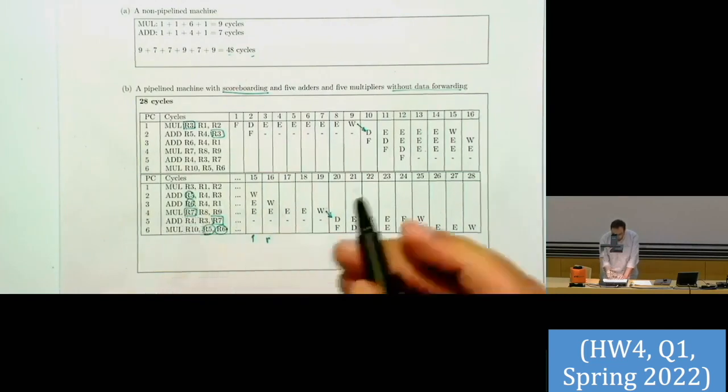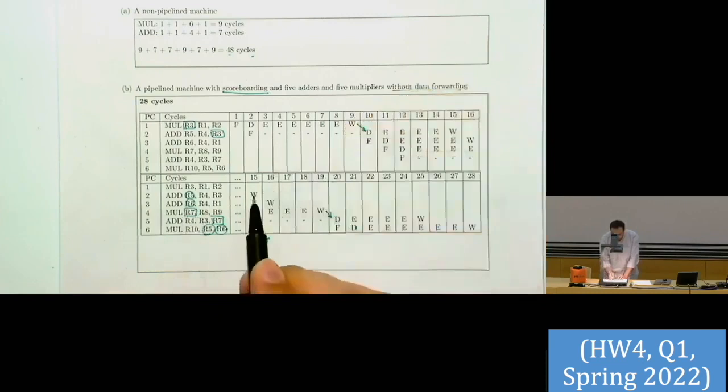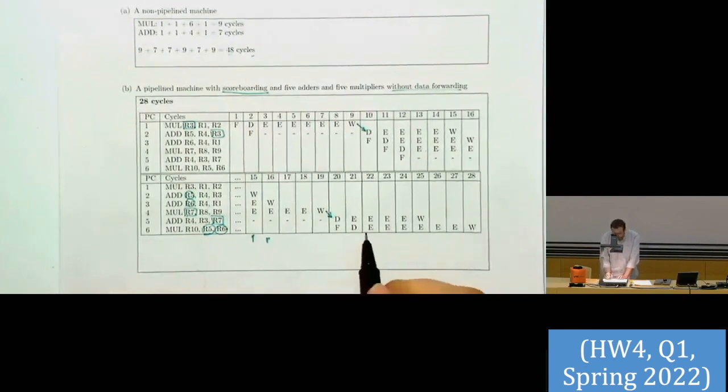These instructions complete in the 15th and 16th cycles. So we already have the data in the register file when we come to this decode stage. Then we don't have to stall, and we can just finish executing the program in 28 cycles.